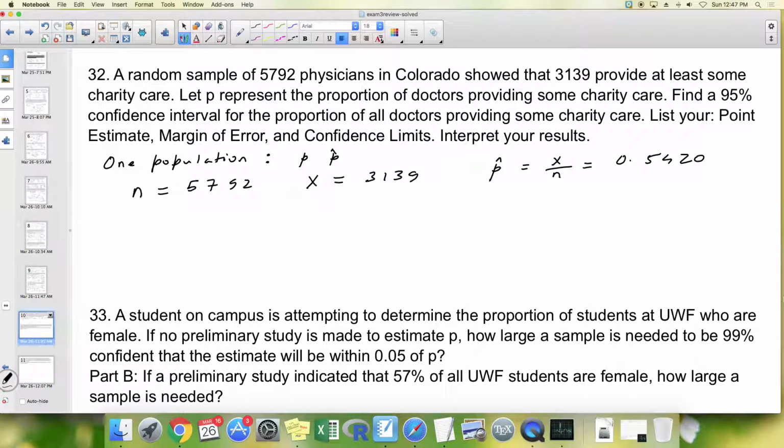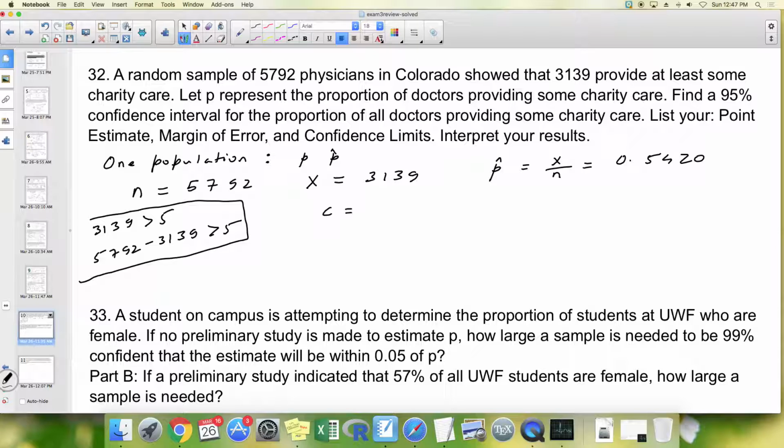So here x is 3139. That's bigger than 5. And n minus x, that's also bigger than 5. So that's something we have to do. That being done, the rest is as usual.